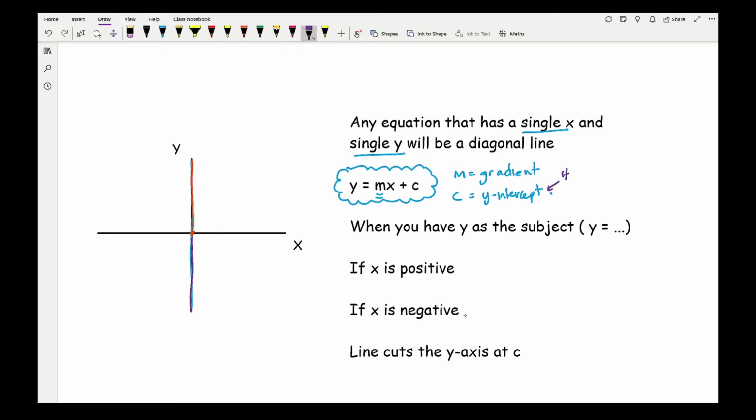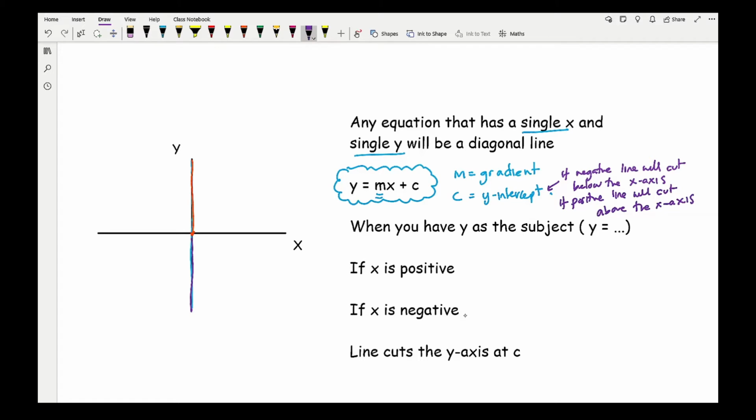So if negative, the line will cut below the x-axis, and if positive, the line will cut or intercept above the x-axis. So you can kind of tell whether you plotted it right.